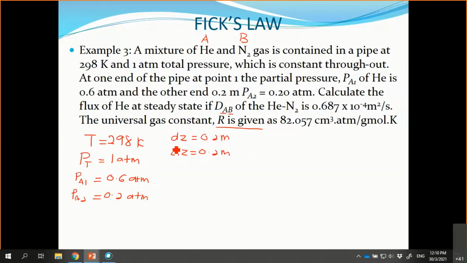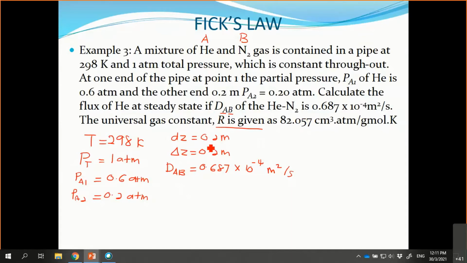It will have the same meaning. And then we are also given the diffusion coefficient DAB, which is equal to 0.687 times 10 to the power of -4 meter squared per second. The value of R is given as 82.057. So this is actually a hint for you guys.